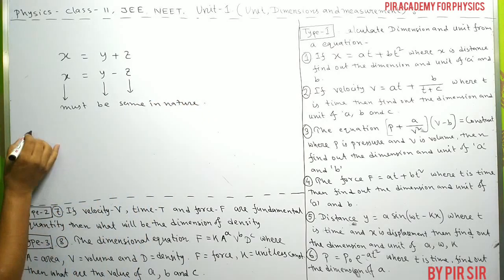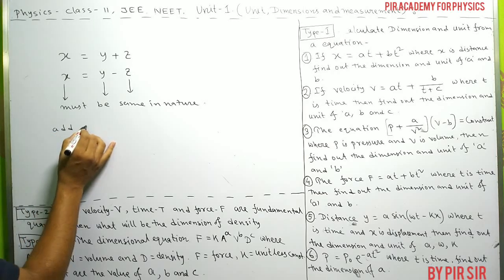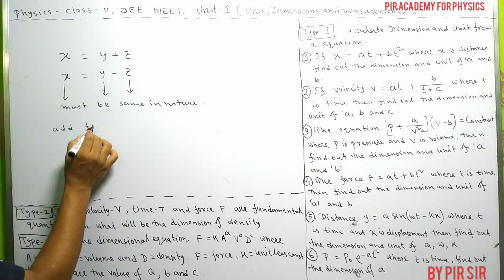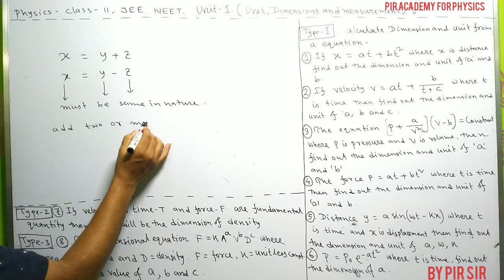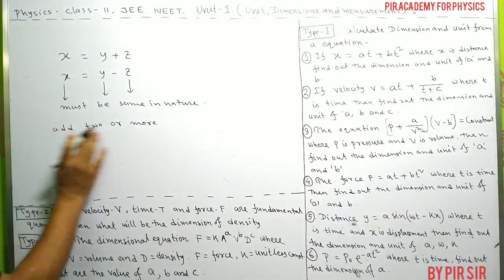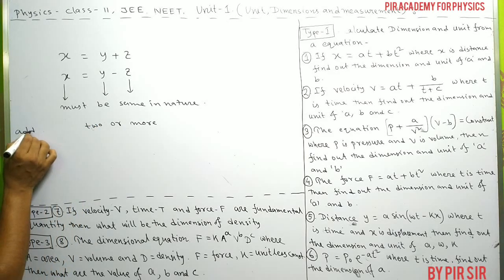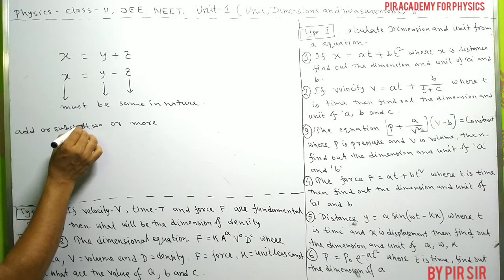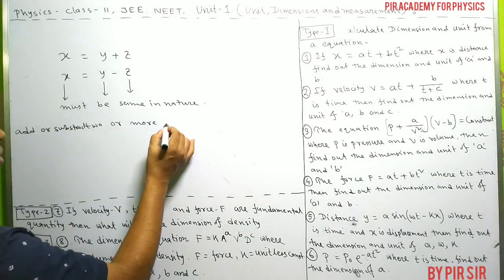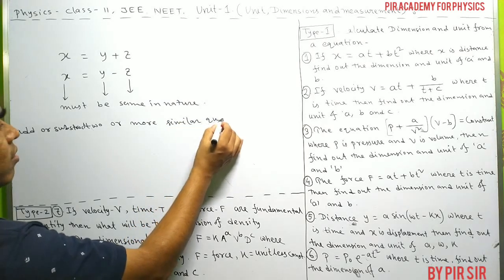That means you can only add or subtract two or more similar quantities.